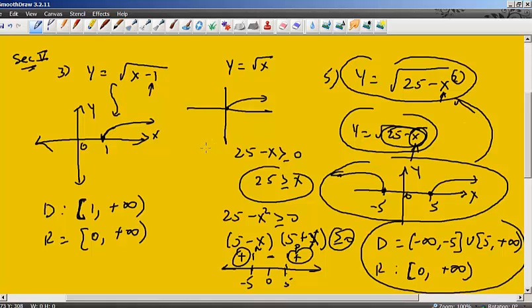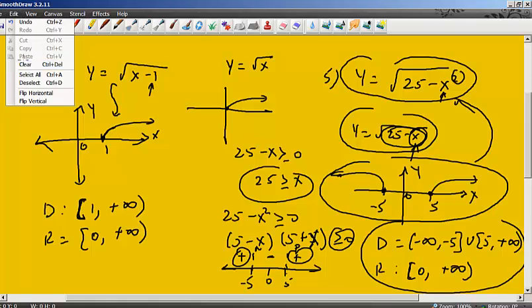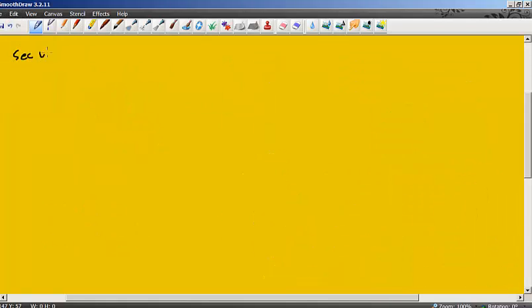Okay, let's go to another section: composite functions, section 6. Let's look at number 3. They give us f of x equals x plus 1, and g of x equals 1 over x.